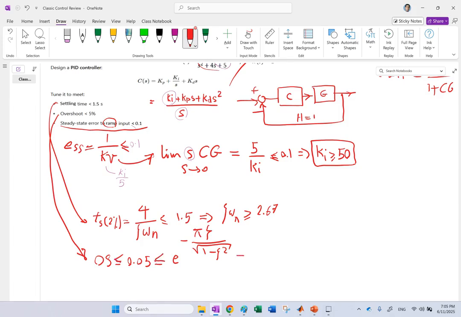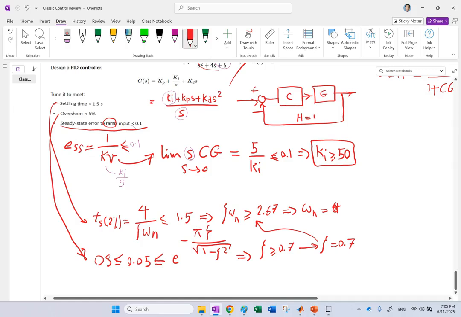If here you solve for zeta, your zeta should be bigger than or equal 0.7. So here you can pick one zeta, one omega n, and for simplicity, I pick zeta of 0.7 and plug it up here, and I use the equality version of that, and your omega n will be 4. It's not going to be 4, it's actually going to be 3.81.